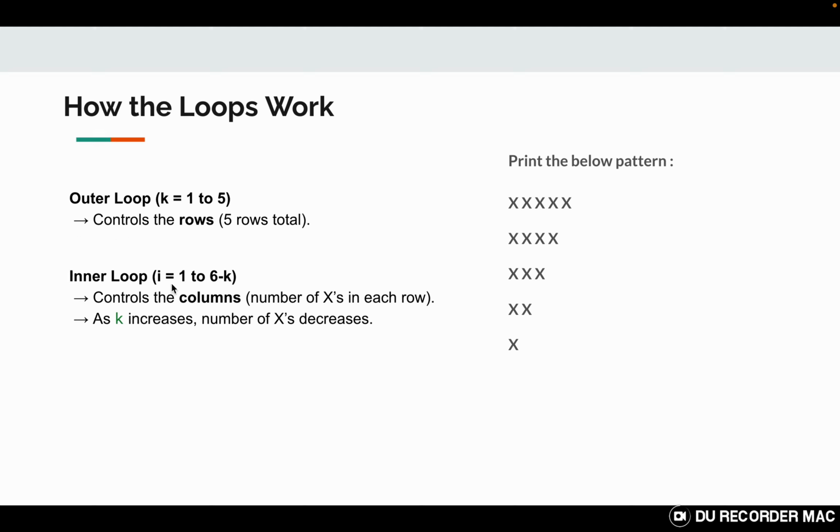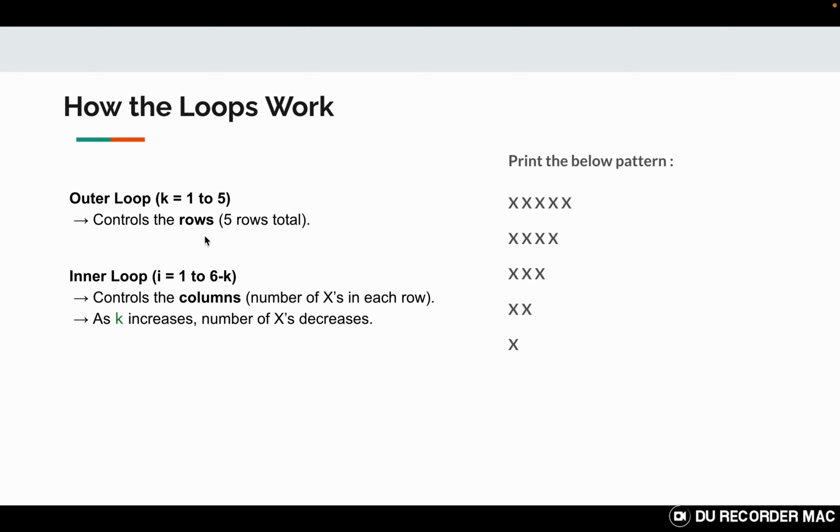And then the inner loop is used for printing the number of stars. Say, for example, the k value is 1 here. The inner loop will run i is equal to 1 to 6 minus k, which means 6 minus 1.